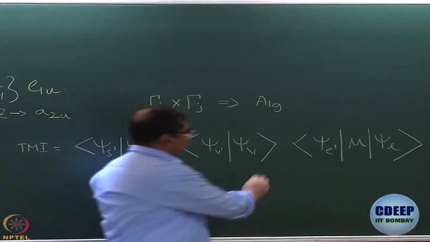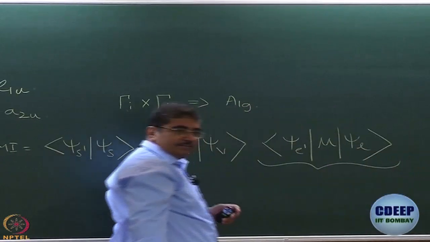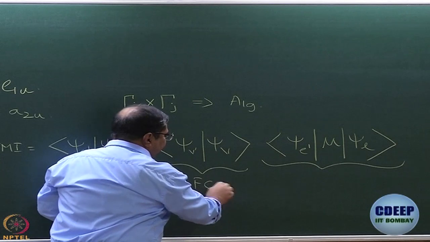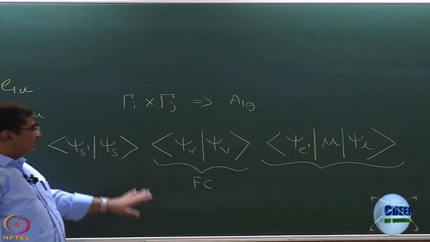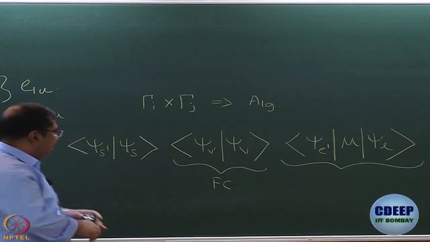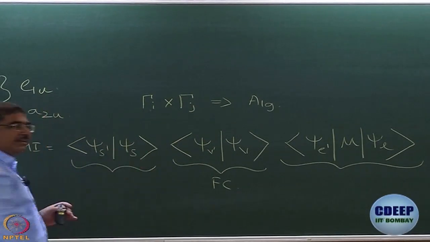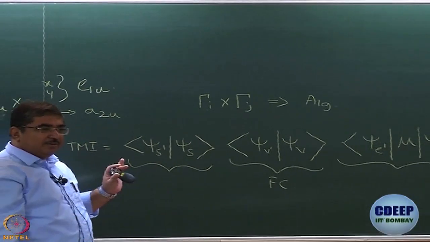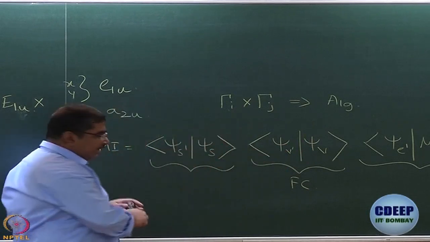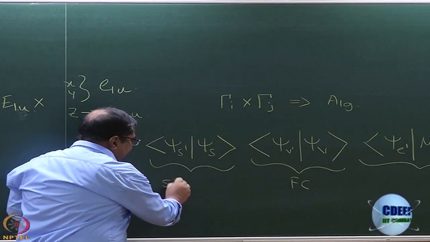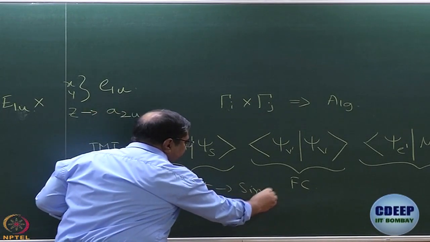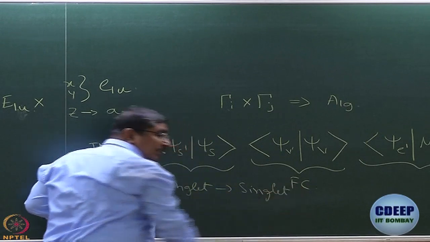So far what we have discussed is this, right. In our discussion we said that this is the Franck-Condon factor, it decides the intensity. This part decides whether a transition is spin allowed or not, alright. So, if I forget about the rest of the factors, think only about this, then I know that singlet to singlet is a spin allowed transition.